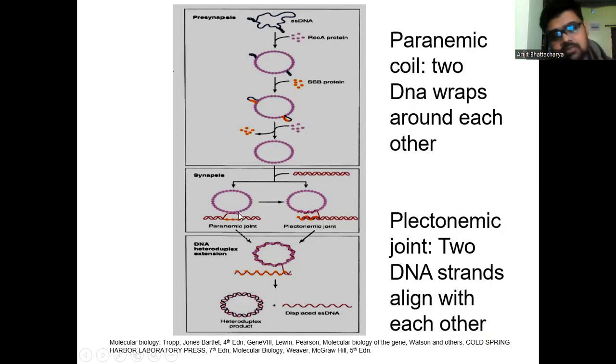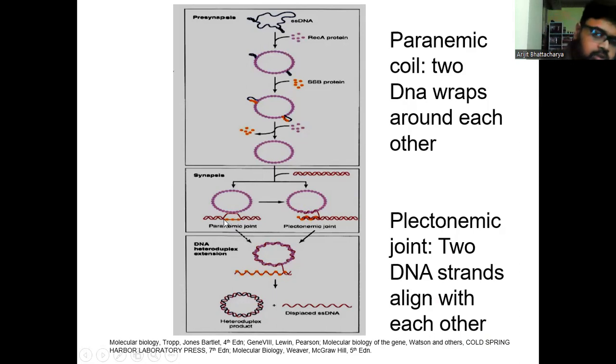When the synapsis occurs, this RAK-bound DNA can form two types of joint. One is called paranemic joining, another one is called plectonemic joining. In paranemic joining, this RAK-bound DNA aligns with the target DNA, and it can start forming base pairing, and it can start forming the displacement loop.